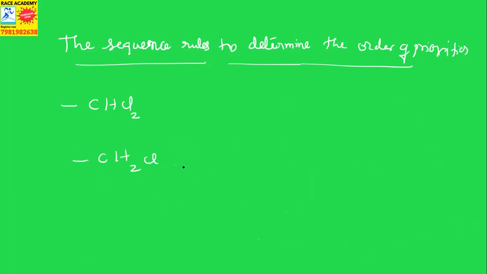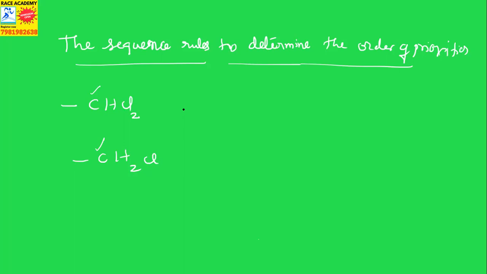First atoms of the two groups are the same, and the substituent of higher atomic number is chlorine, Z value 17.